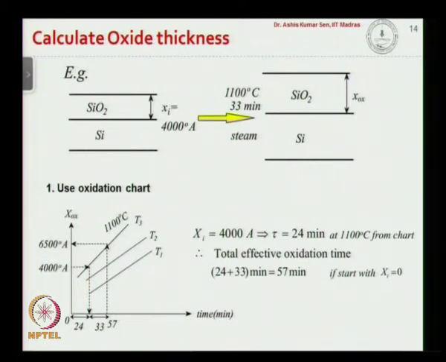As you can see, here we have a silicon substrate, and on the silicon substrate initially we have an existing silicon dioxide layer which is 4000 angstrom, and we put this pre-oxidized silicon wafer for steam oxidation or wet oxidation in a furnace at 1100 degrees centigrade for 33 minutes, and we get some oxide thickness. We want to predict what is going to be the thickness of the oxidation layer after 33 minutes.